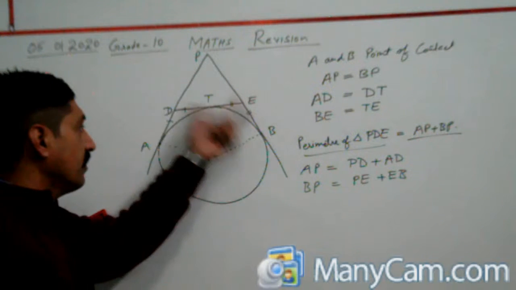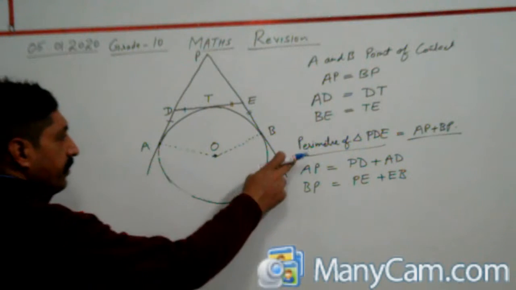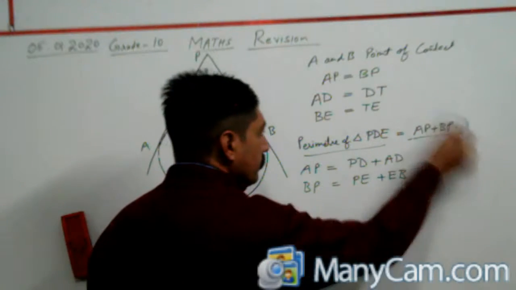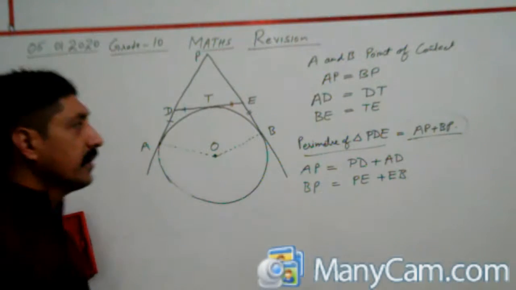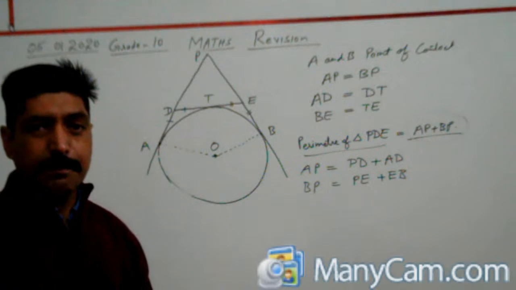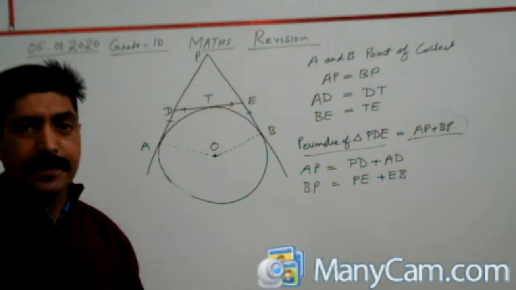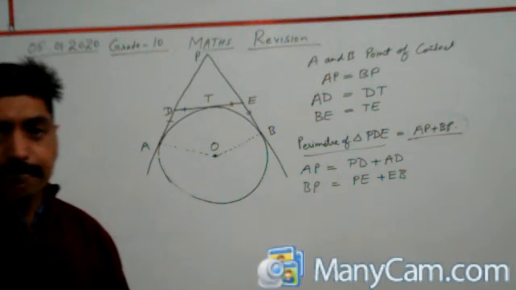This is the length of the tangents, right? So always the perimeter of this is equal to the length of the pair of the tangents. Okay, that is BP plus AP. So you can prove in this way.